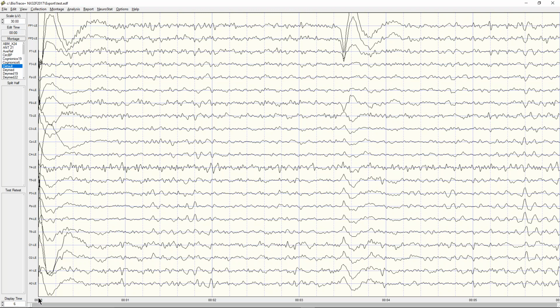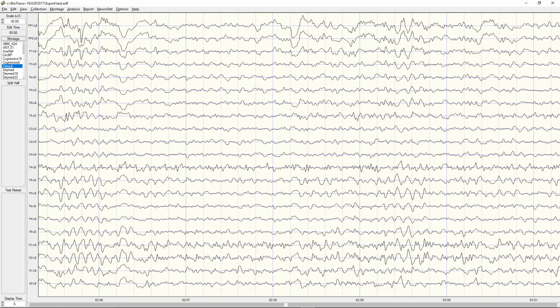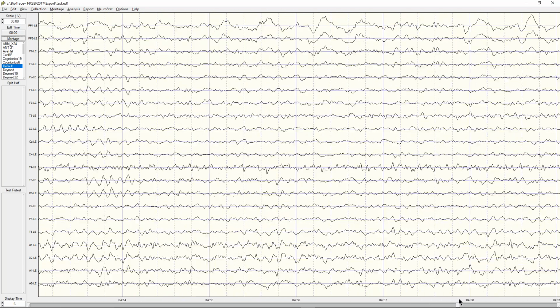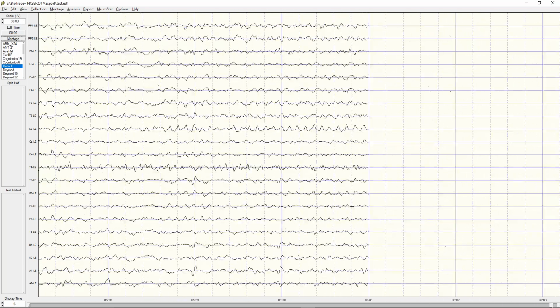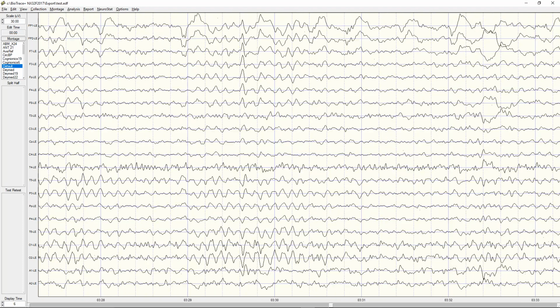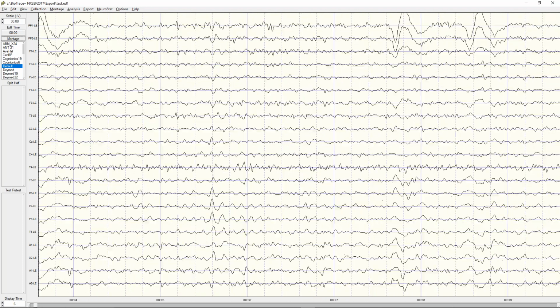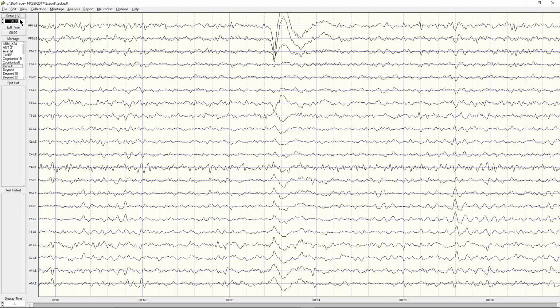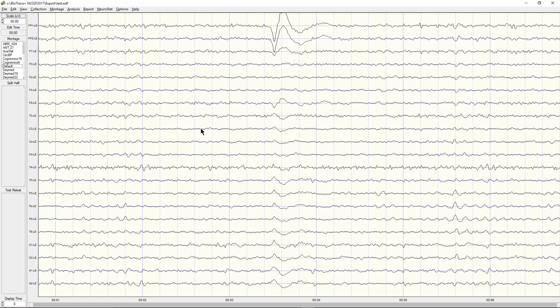This recording is a pretty low voltage recording, and right now it's at 30 microvolts. Now a typical scale might be 50 microvolts. A lot of people like to look at 50 microvolts, but that's not giving us a lot of detail here because it's a somewhat lower voltage EEG.